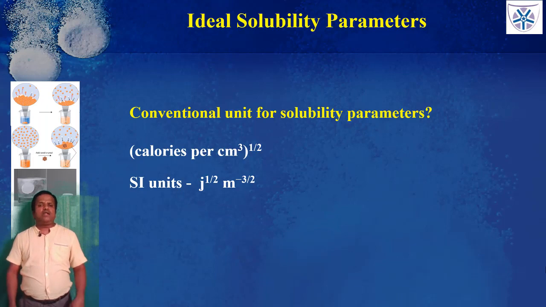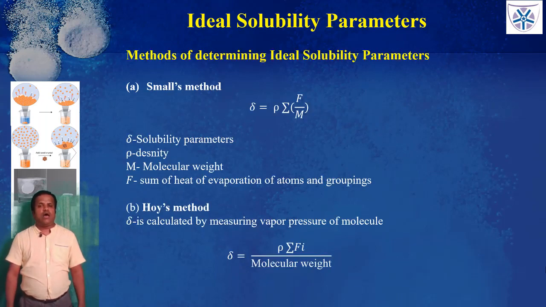Then what other methods are available to determine the solubility parameters? One method is Small's method. What is the expression? Delta is equal to rho summation of F by M. This is the equation to determine the solubility parameter.